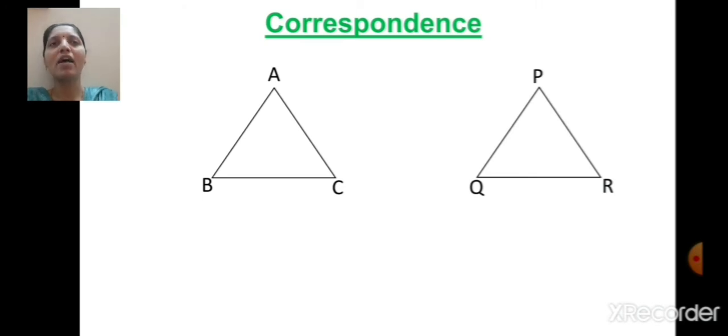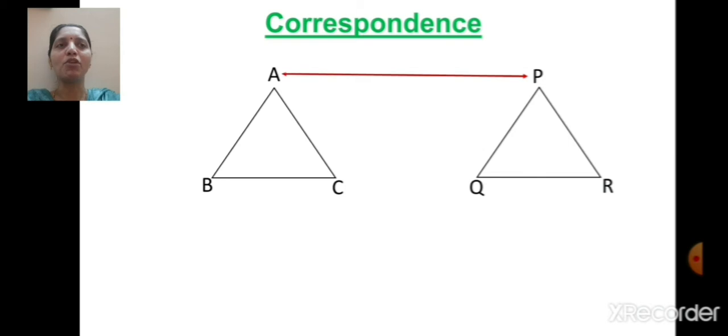So I will pair vertex A with vertex P, vertex B with vertex Q, and vertex C with vertex R. See, the shapes are the same, right?